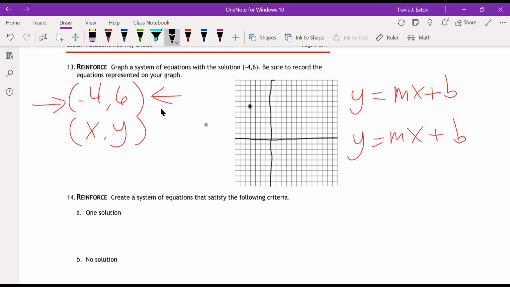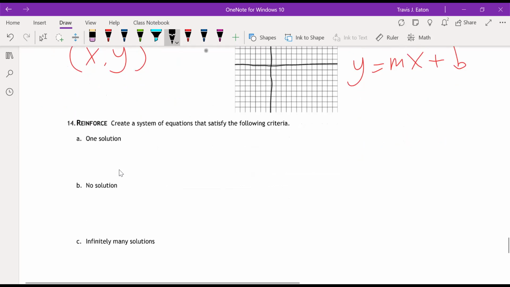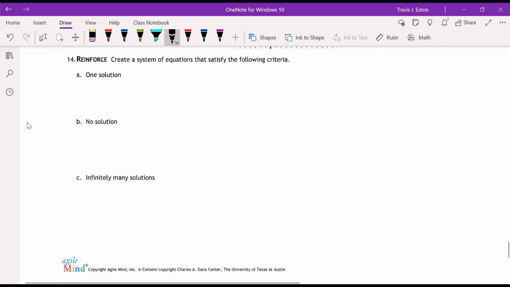Okay? So then moving along, you need to create a system of equations that satisfy the following criteria. Remember, to have a system of equations that has one solution, you're going to have a place where two lines intersect on your graph. Remember that to have no solution, you have to have two lines that run parallel because they will never, ever intersect.